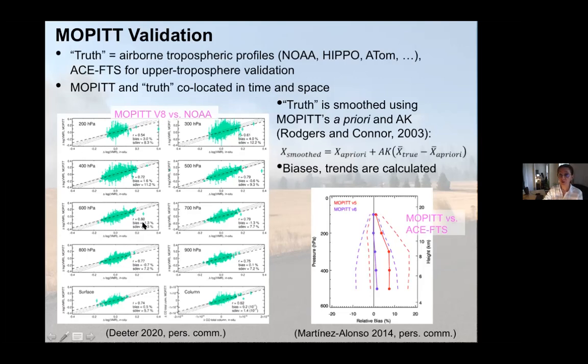To do these comparisons, one has to account for the differences between the observation systems. In this case, that means you have to account for differences in the MOPITT vertical sensitivity as given by the averaging kernels, and also differences given by the a priori used for the MOPITT retrievals. For that, we use the method described by Rogers and Connor, synthesized here with this equation.